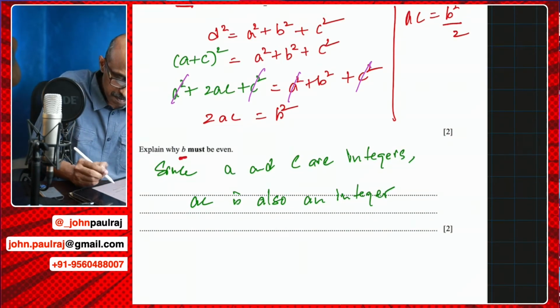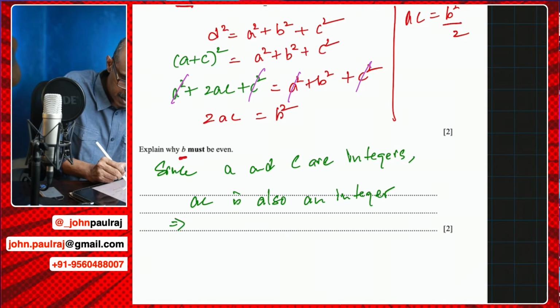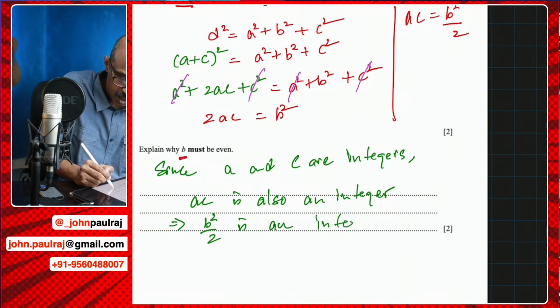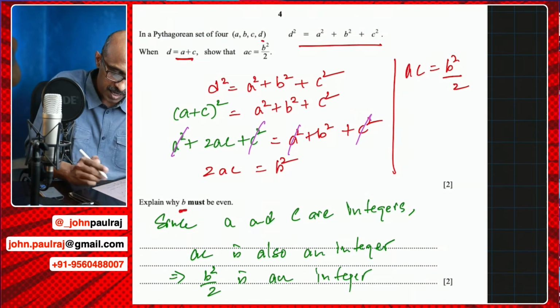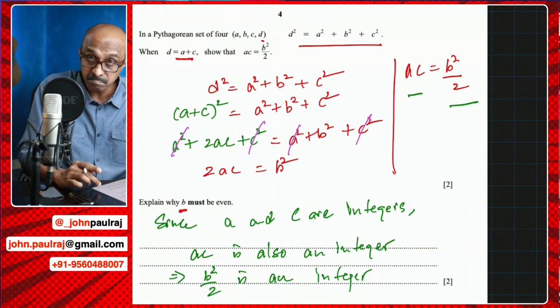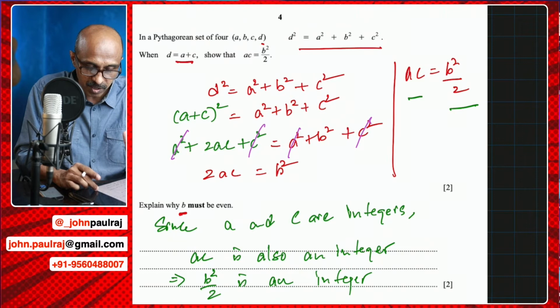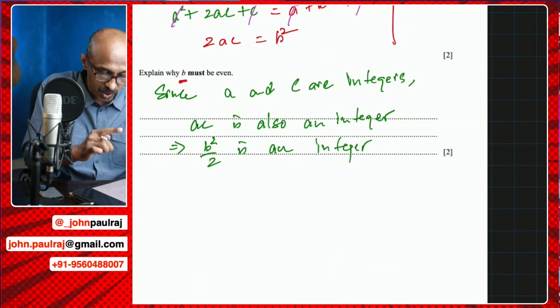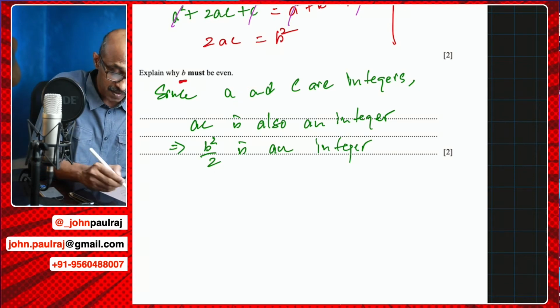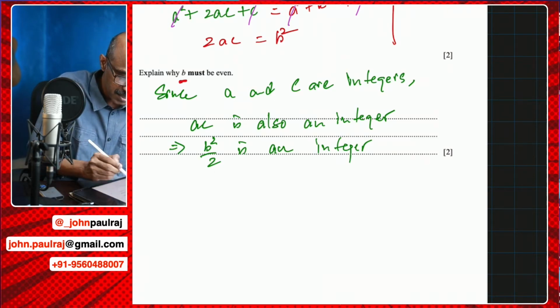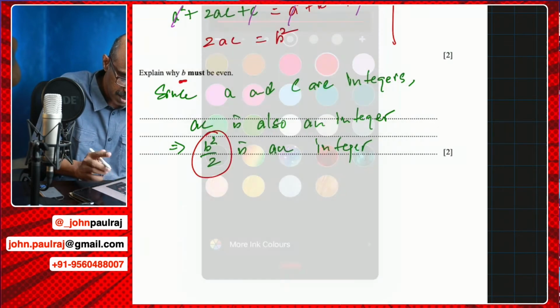That means b squared over 2 is an integer. How did we come to that conclusion? Well, because ac is equal to b squared by 2 from the earlier answer from part A. A and c being integers, the product ac is an integer, giving us b squared over 2 is an integer. And if this is an integer, it clearly means that b square must be even.